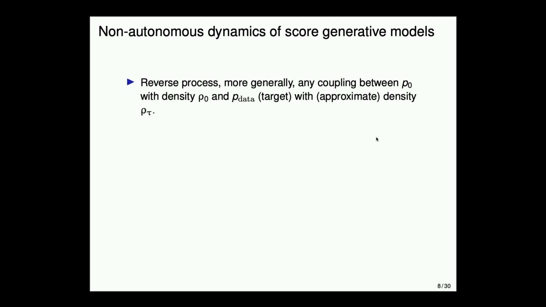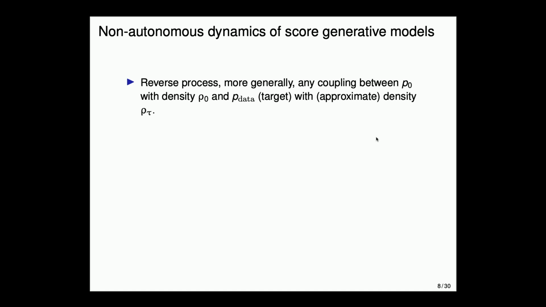To answer these questions, let us formalize generative models as dynamical systems. The reverse process of a score based generative model, for instance, or any of these flow matching based generative models, are just Markov chains that take you from some distribution which usually has a density, rho 0, to the target distribution that may or may not have a density, but has an approximate density rho tau.